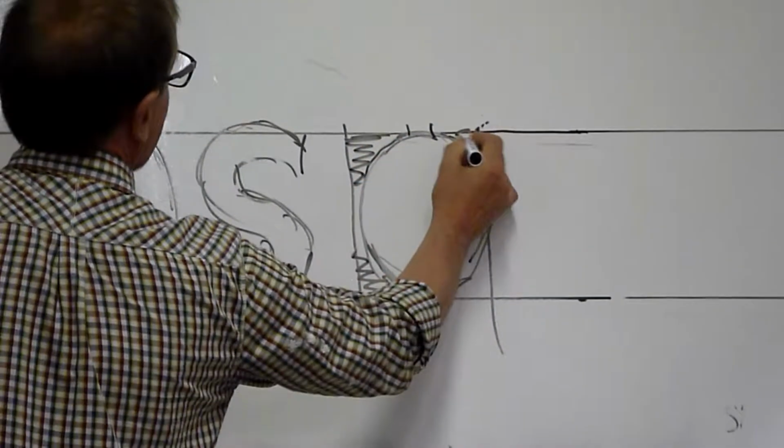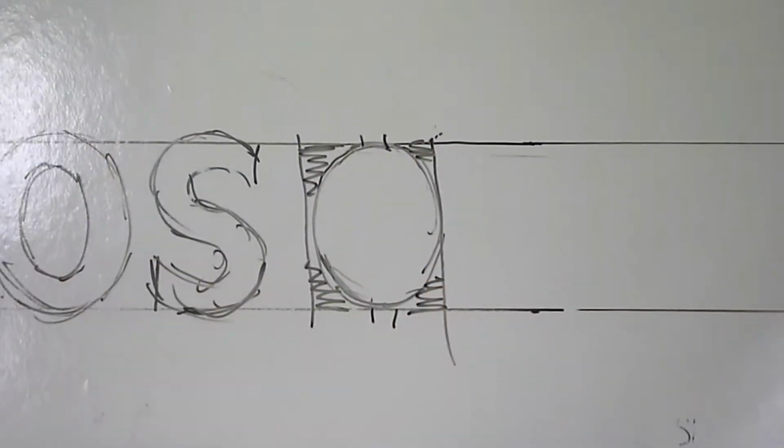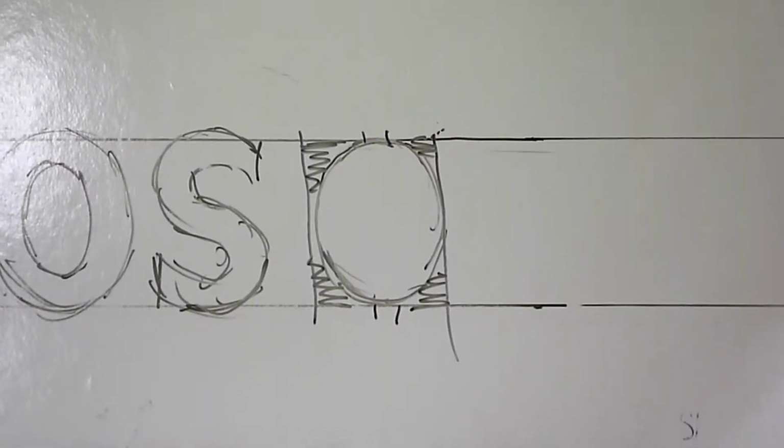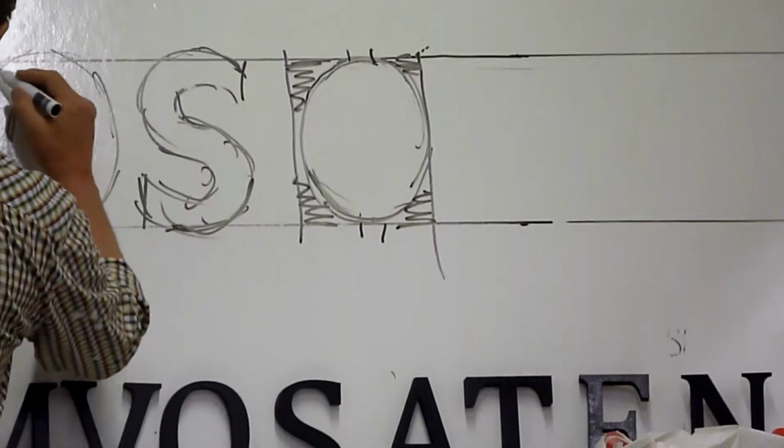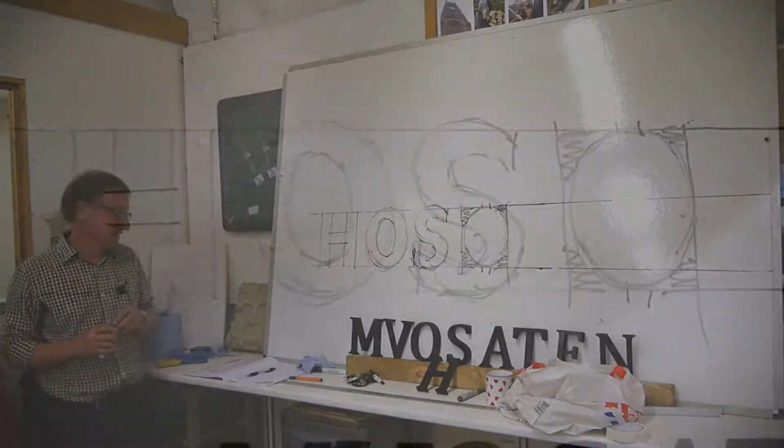So it's losing that there. So to strengthen it up and make it look as big as the other letters, we actually have to take it slightly above and below the line.